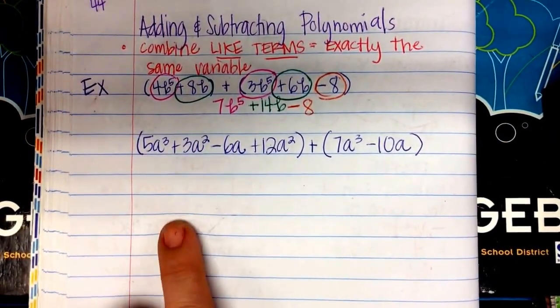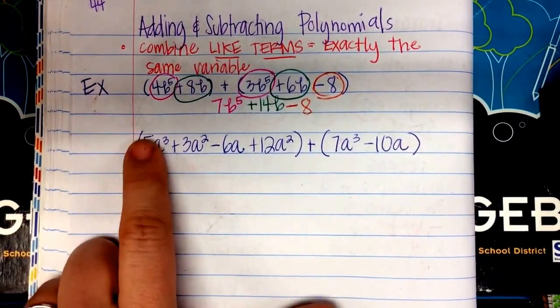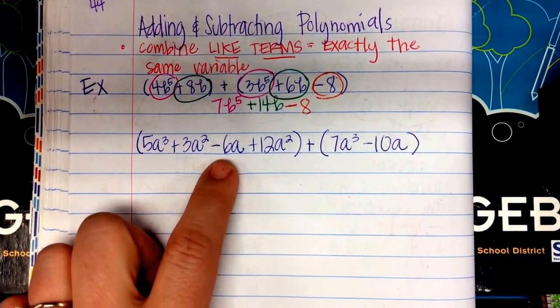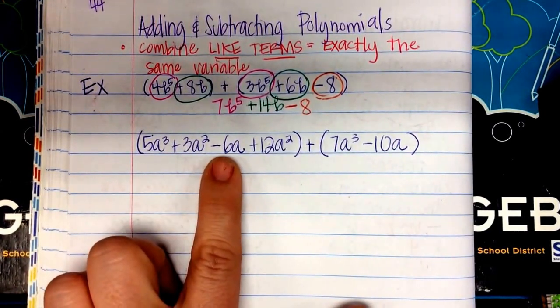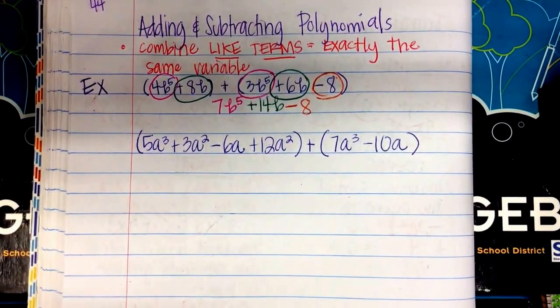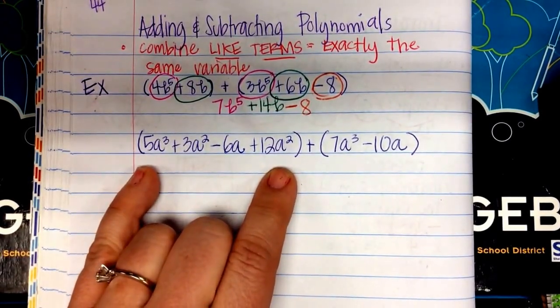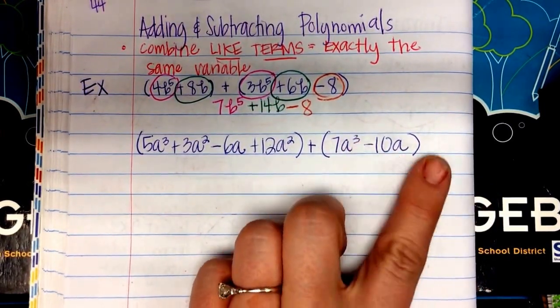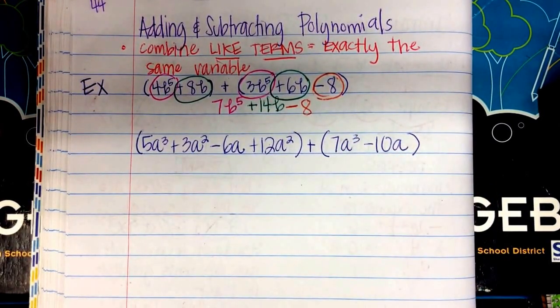Starting with the first polynomial, 5a to the 3rd plus 3a squared minus 6a plus 12a squared. That's the first polynomial. And the second polynomial is 7a to the 3rd minus 10a. So let's go through, let's find what can go together.